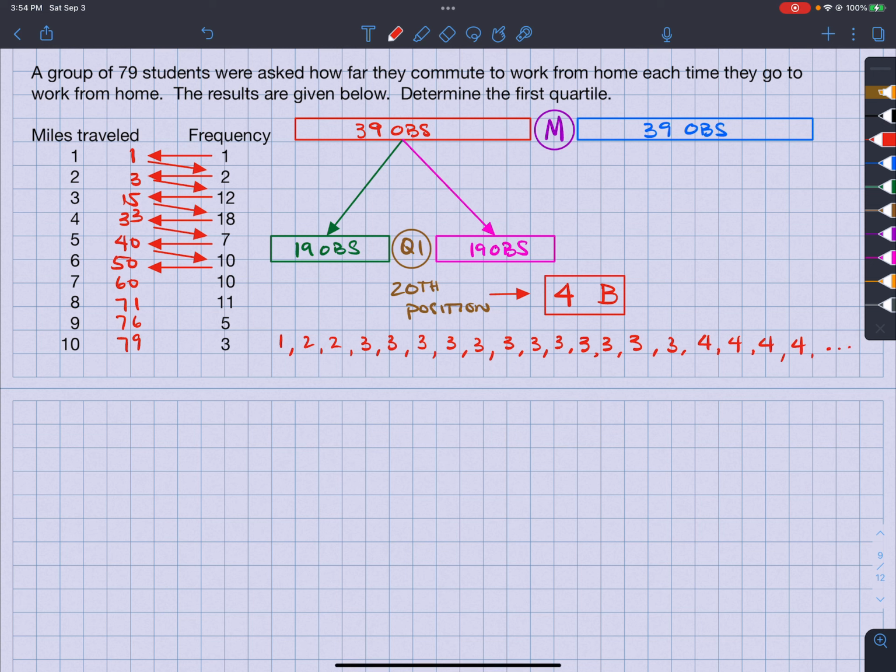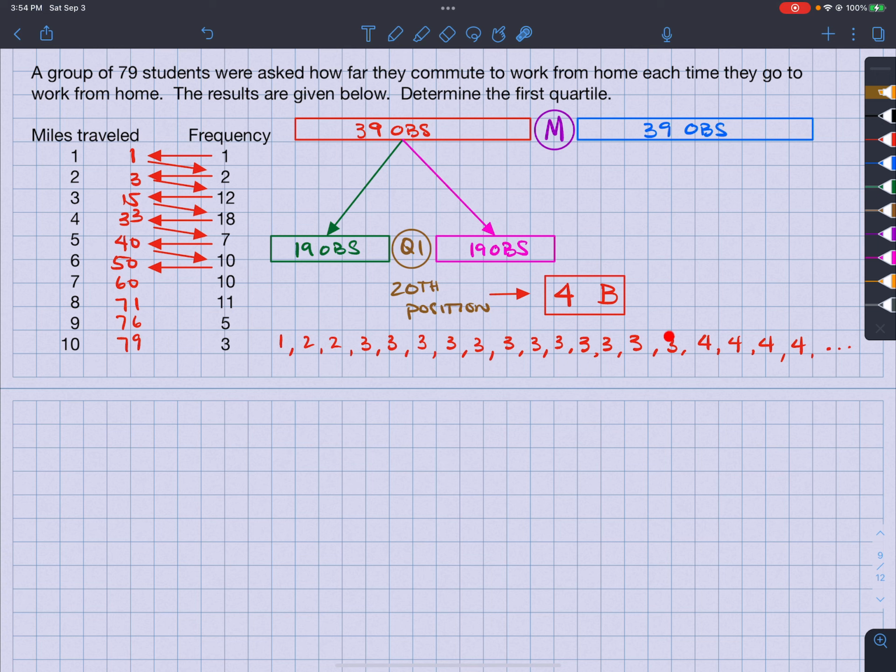So 1 is in the first position. After 2 is done, I should be in the third position: first, second, third. 2 is done, third position. Then 4th, 5th, 6th, 7, 8, 9, 10, 11, 12, 13, 14, 15.